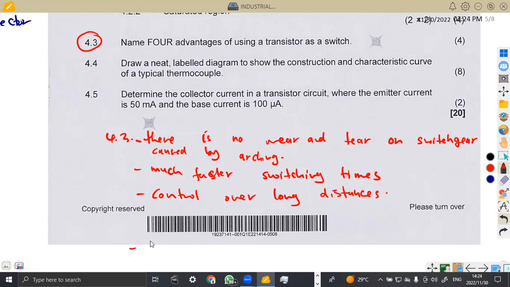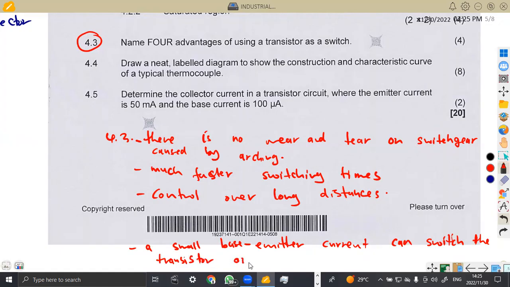Also, we can have a small base emitter current involved here. A small base emitter current can switch the transistor on or off.